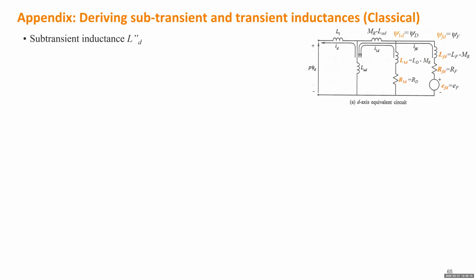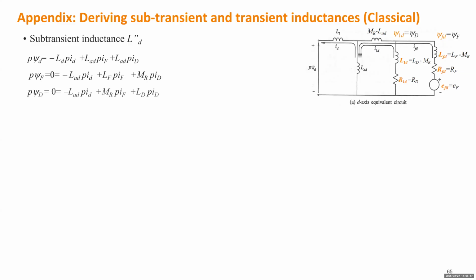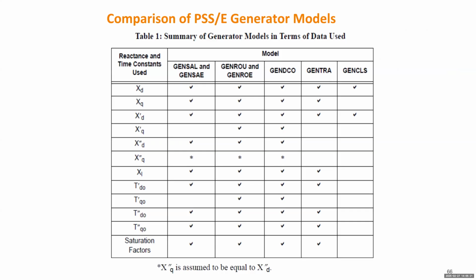Okay, what else? Maybe there are two additional slides I can quickly talk about. The first one is this one. This is from the PSSE software manual. In that software manual, they give you some typical models which are commonly used by most of the power companies.